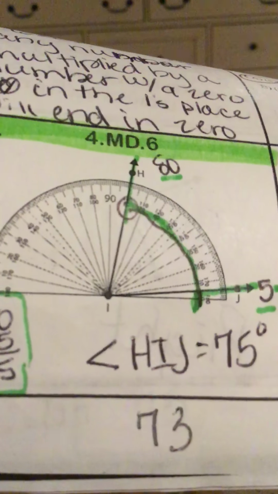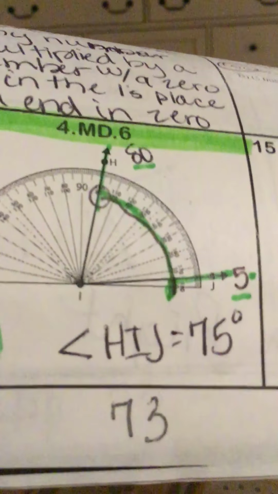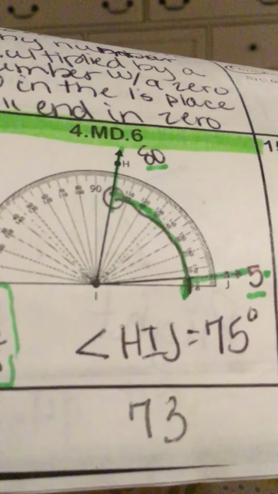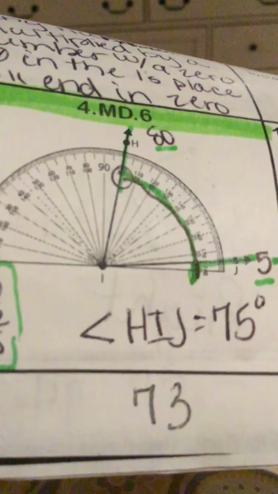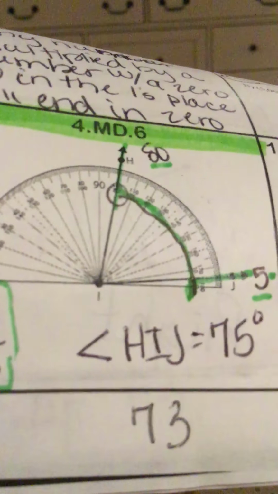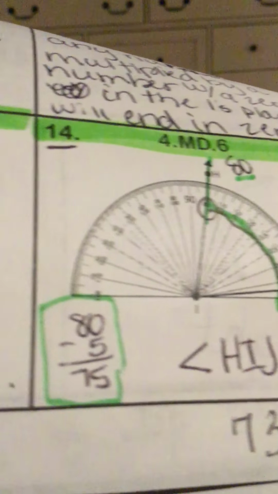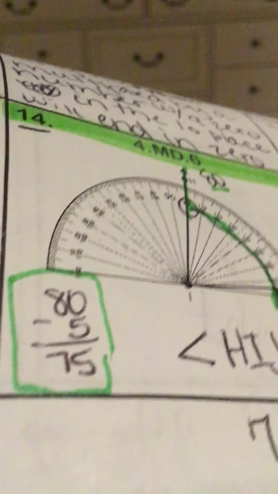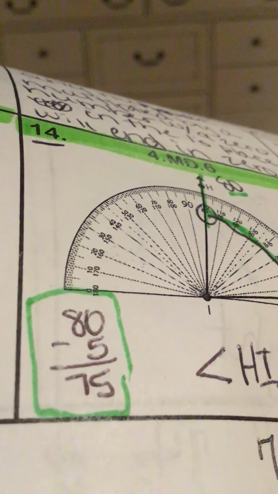So their first step would say, pick a number line inside or out. And what that means is whether the 0 is on the inside or the outside. So I said that I would have chosen the 0 on the inside just because the angle started over here on this right side. The number line on the outside would have meant that they picked the 0 over here.